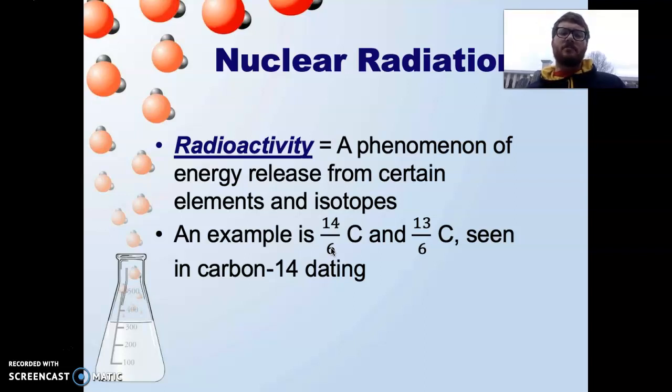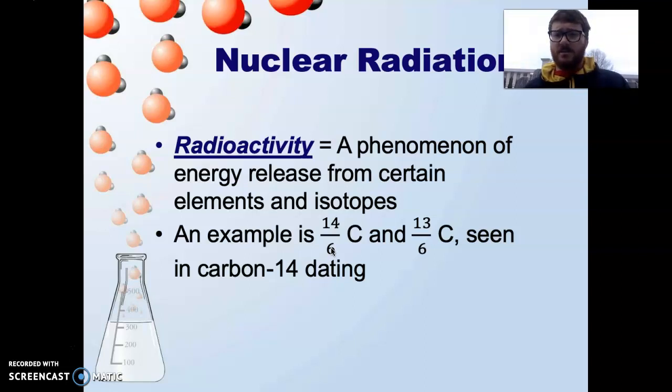Radioactivity is a phenomenon of energy released from certain elements and isotopes. Carbon-14, or 14 over 6, and carbon-13, 13 over 6, will bond the same. They will both, if bonded with 4 hydrogens, make methane, CH4.